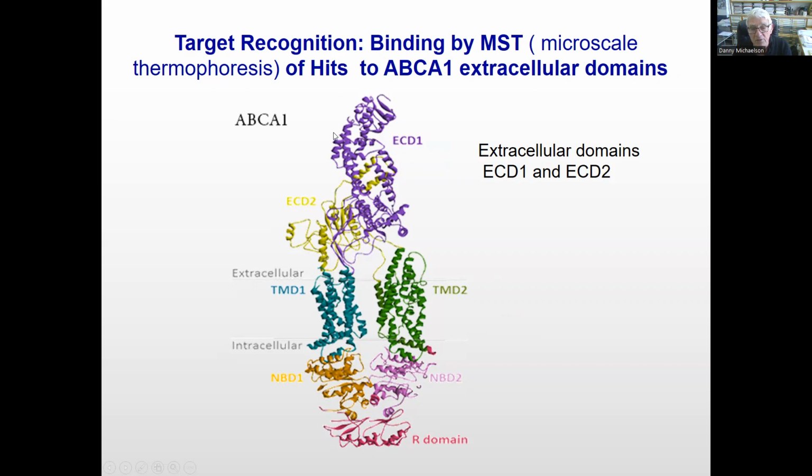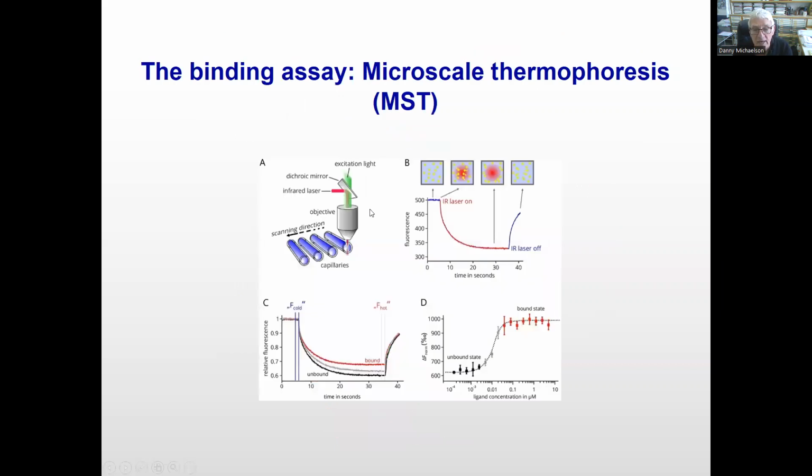So we rationalized that if our hits interact directly with ABCA1, it is a good point to start by looking at the extracellular domains, which are water soluble, so it made it easier to synthesize them and use them in assays.